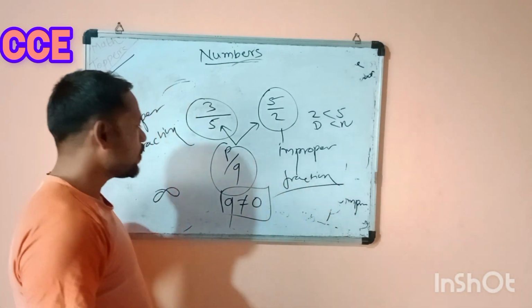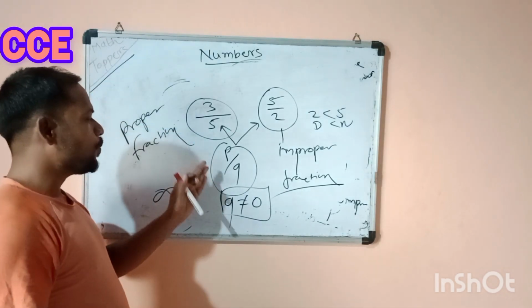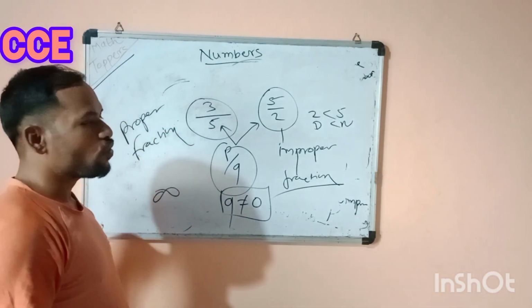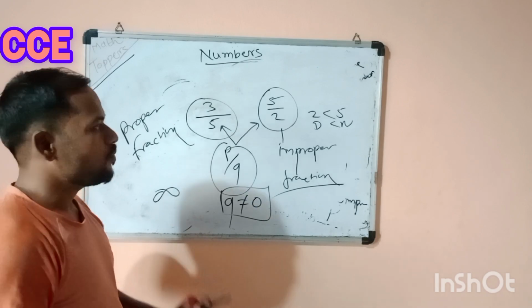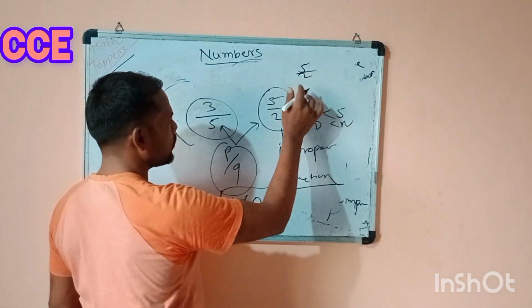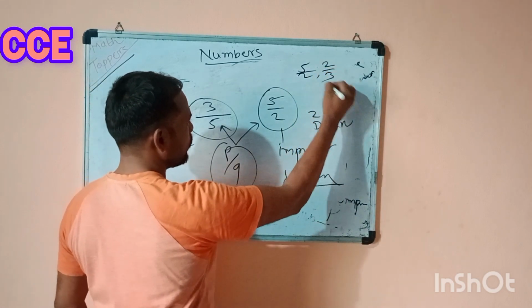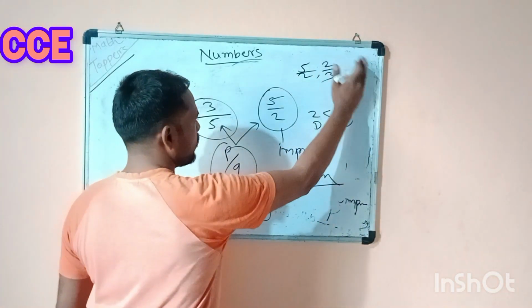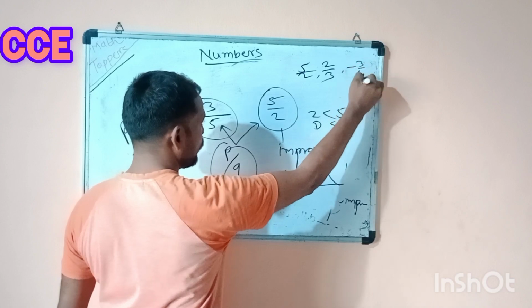Rational numbers means the number which comes in P upon Q form. That number is called a rational number. Suppose 5 upon 2. Another example, 2 upon 3. Then next, minus 3 upon 4.